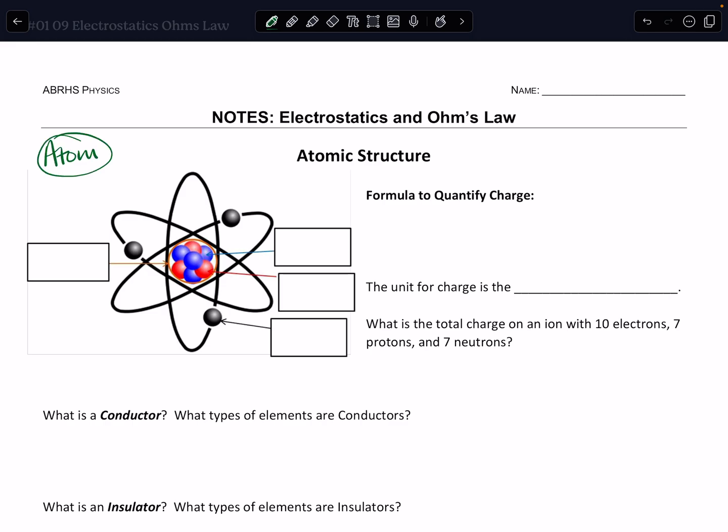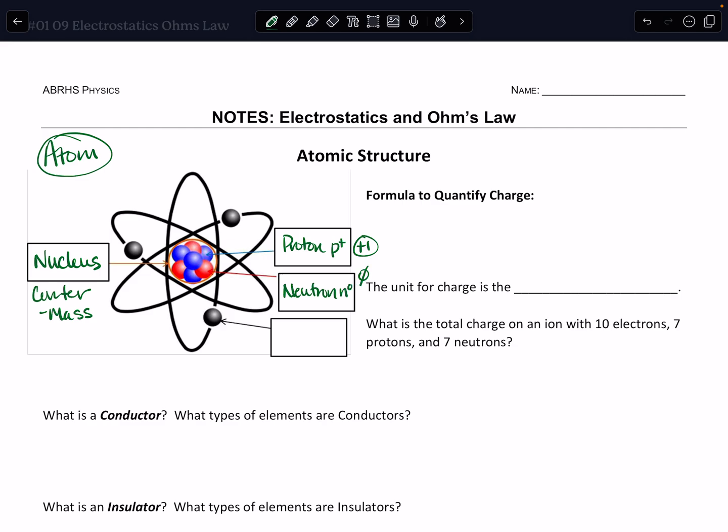All right, so back in chemistry, we learned about the atom. We learned its general structure. We know that in the center of the atom is our nucleus, and this is where most of the mass of the atom resides. And that mass is wrapped up in two separate subatomic particles, our proton, which is our P+ and is a +1 subatomic particle, and then our neutron, which is N0, which has 0 charge.